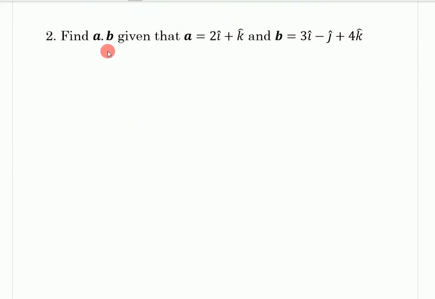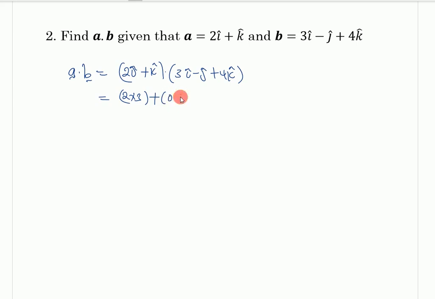Find a dot b, given that we have that. Now a dot b is equal to 2i plus k dotted with 3i minus j plus 4k. When you work this out, the i's, you have 2 times 3, plus the j's, 0 times -1, plus the k's, 1 times 4.